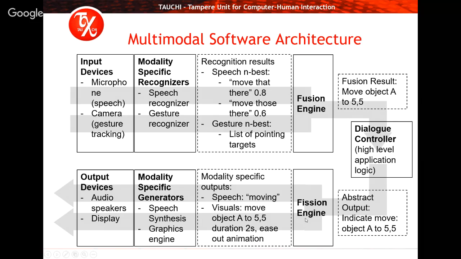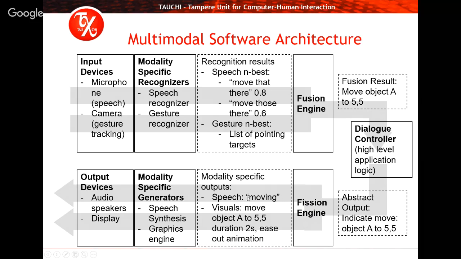And then we have, similarly, a fission engine, which can split it into the different systems. So if we have two output devices, speakers for the speech output and a display showing, for example in the put-that-there system, the graphics on screen, the fission engine decides that, okay, I will use speech to indicate to the user that this command was received.